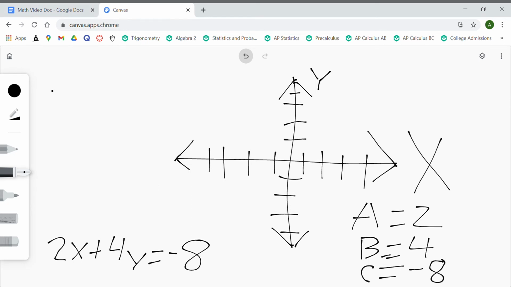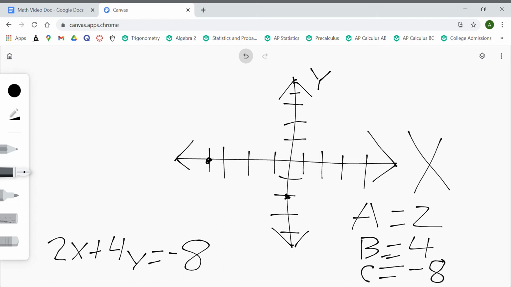Alright, so let's start off with the x-intercept. Remember that the x-intercept is equal to -8 divided by 2. That'll be -4. So we have to plot a dot right here. And then -8 divided by 4 gives us the y-intercept, which would be -2.